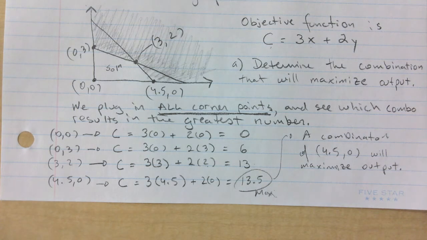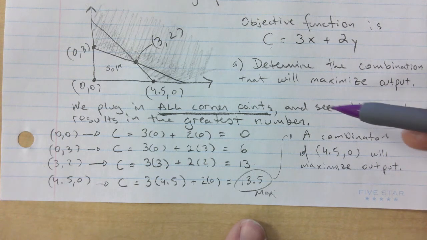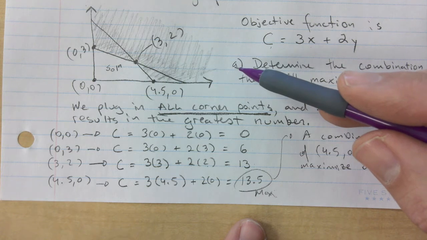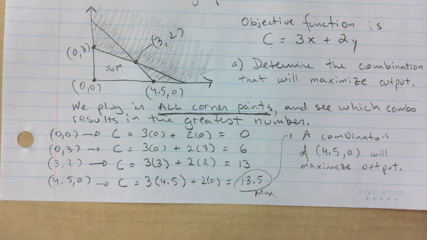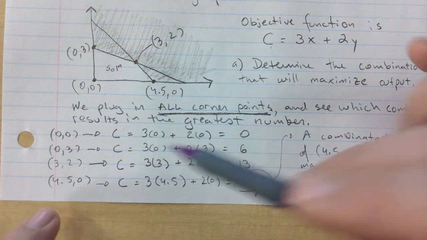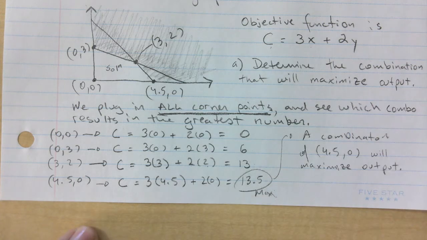So where does this come in? Well, so far you would just graph and come up with the corner points, which are some of the options you have. But what if the question says, how can you maximize your income, or how can you minimize cost? Like if this question right here, I went A, I wanted to maybe go B and say, which one of the corner points will minimize output?